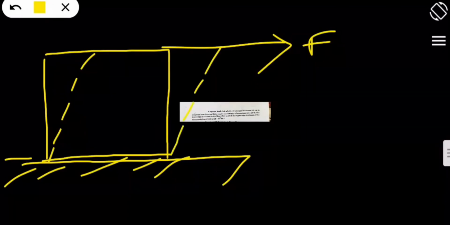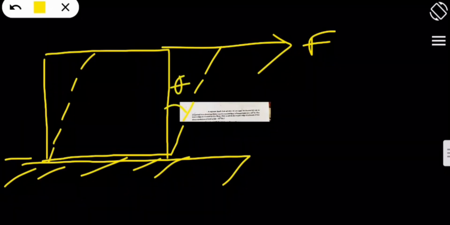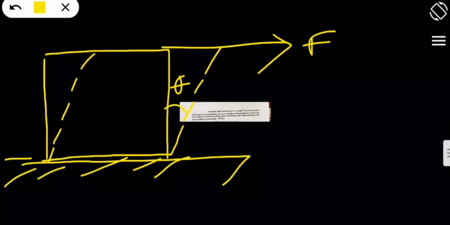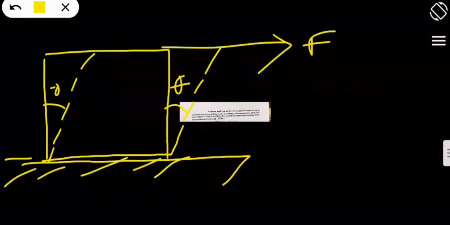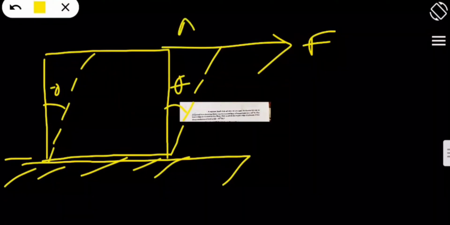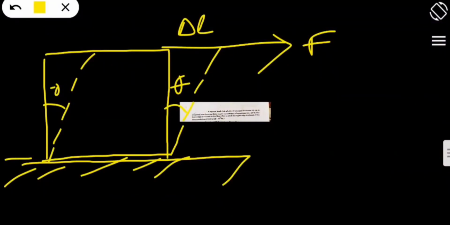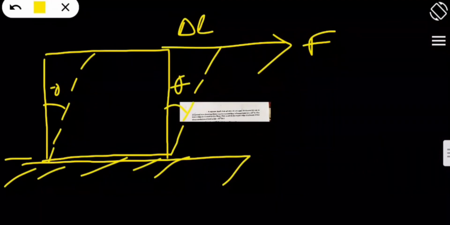Now this angle is theta, and the shearing strain is going to be found by this angle theta only. How much it is expanded in the width side? This is delta L, the change in width, and theta is the angle right now.